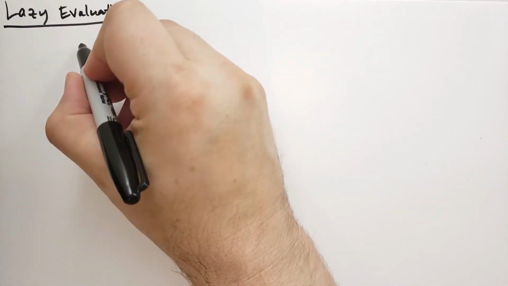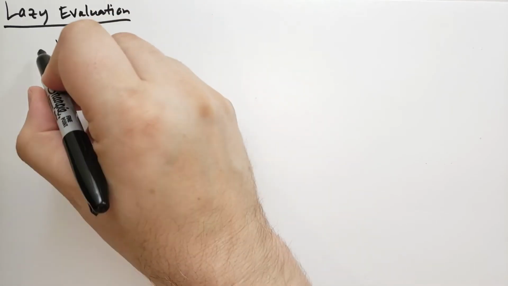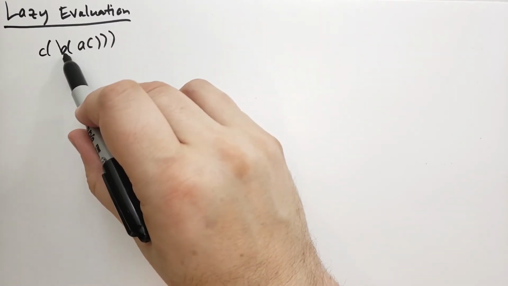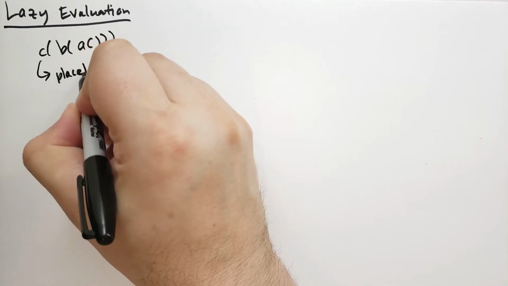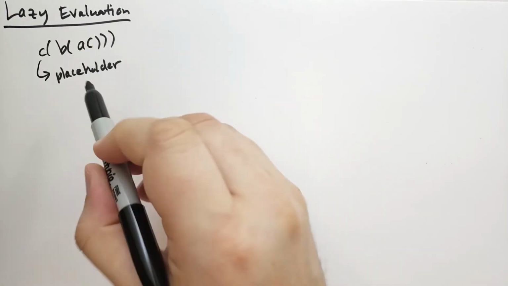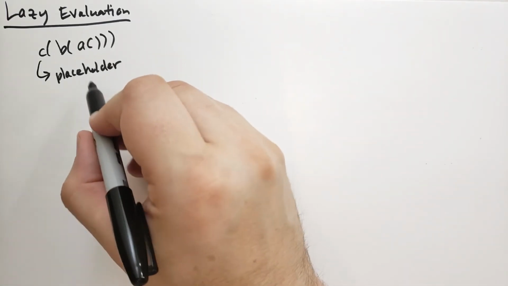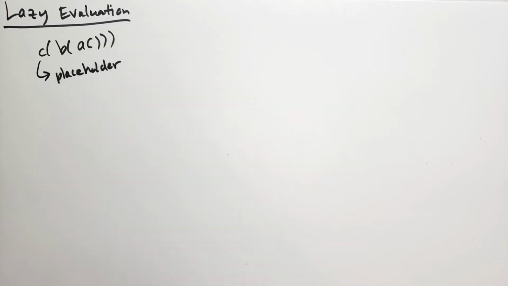So for instance, if I called function A and then called function B with the result there, and then called function C with the result of B, don't actually call A and B and C, but instead return some kind of placeholder that remembers how it would actually get the result if it wanted it, right? And then when I tell the placeholder, hey, I actually need that value, then the code will go and run A and then run B and then run C, okay?